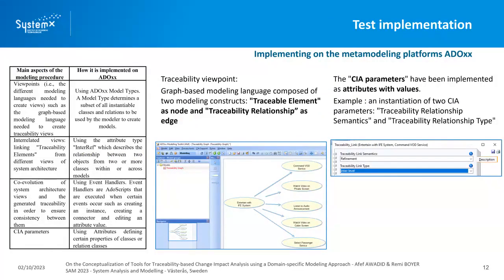It's a metamodeling platform. And we have a viewpoint and attributes with values. And we use events in the metamodeling platform to generate events on the architecture side to maintain the consistency on the traceability side.